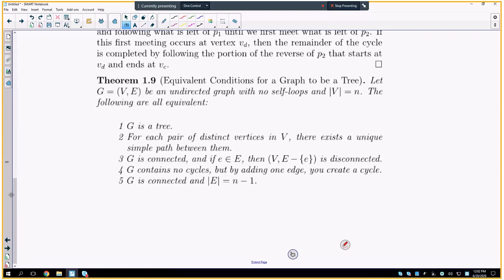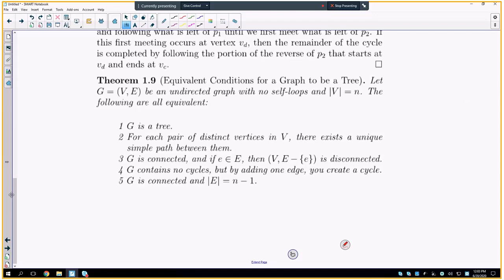So the connected graph, if you take out one edge, becomes disconnected. If I know condition 3 is true, so if I know G is connected and e belongs to E, and taking away e from the edge set makes the graph disconnected, then I must know that G contains no cycles.